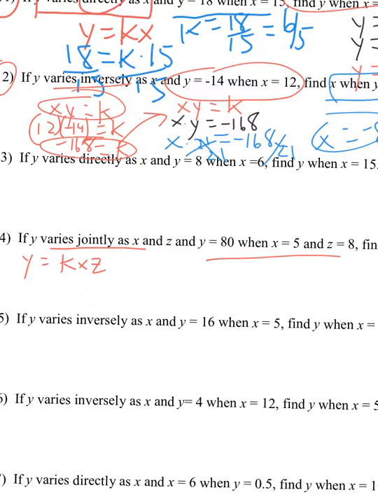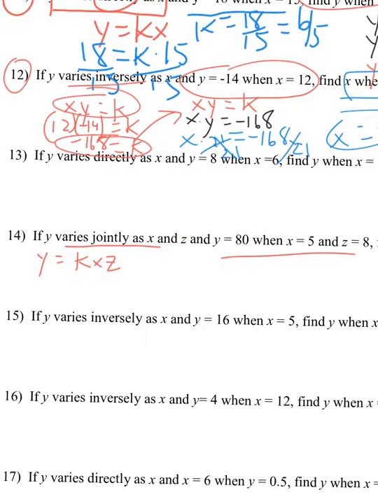So if I pull this back over, y is 80, so 80 is going to go in here. We're going to find k in this first step. We're going to put in 5 for x and 8 for z. So this is really 40 times k is equal to 80. We're going to divide by 40. So k is 2.